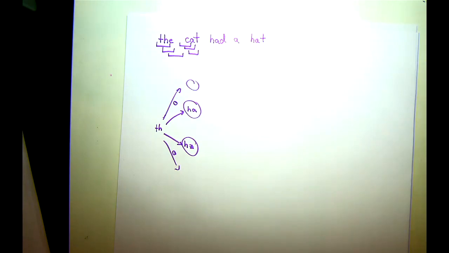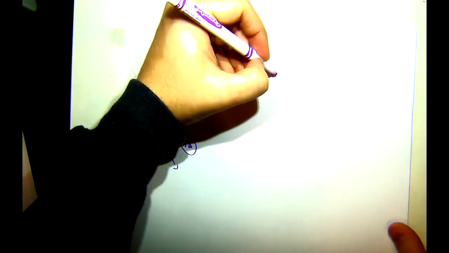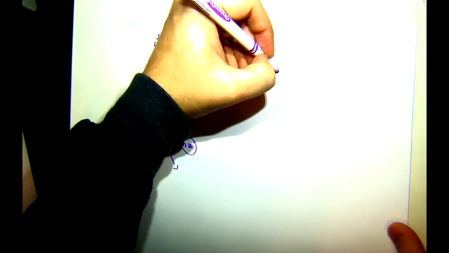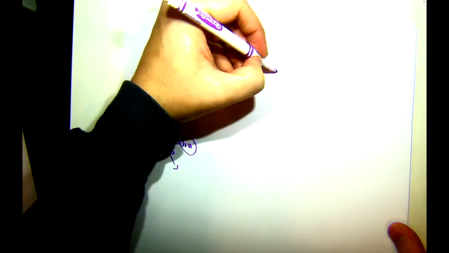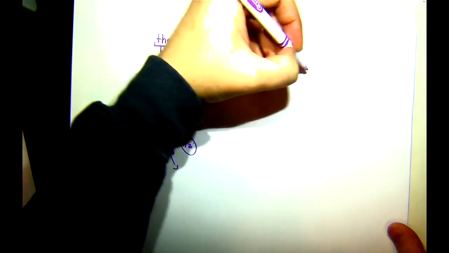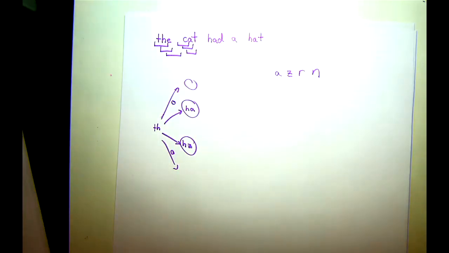So that leads to a situation where a new sequence does come up. So let's say, we never saw the sequence AZRN, and we have a 5-gram model.